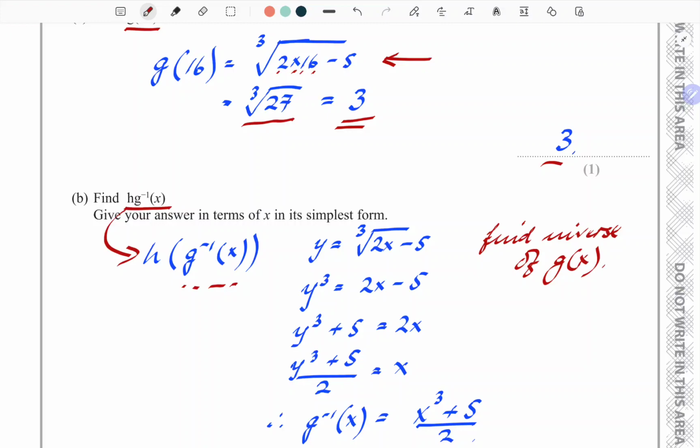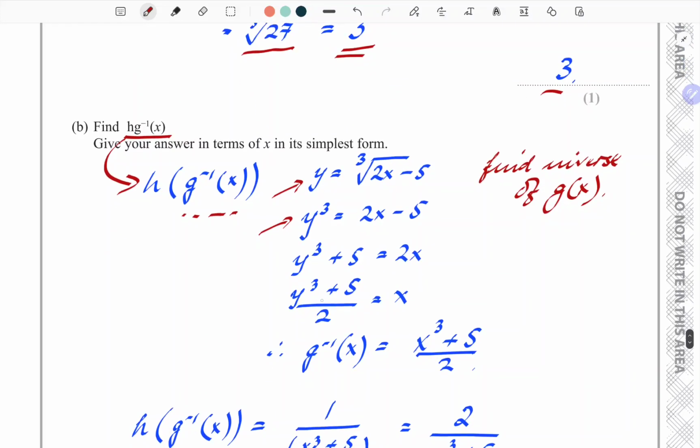g of x. So what we do is we replace the g of x with a y. So let y equal cube root of 2x minus 5. Cube both sides, and you get y cubed equals 2x minus 5. Move the 5 across to the other side, y cubed plus 5 equals 2x. Divide both sides by 2, and you end up with an expression that says x equals some function of y.